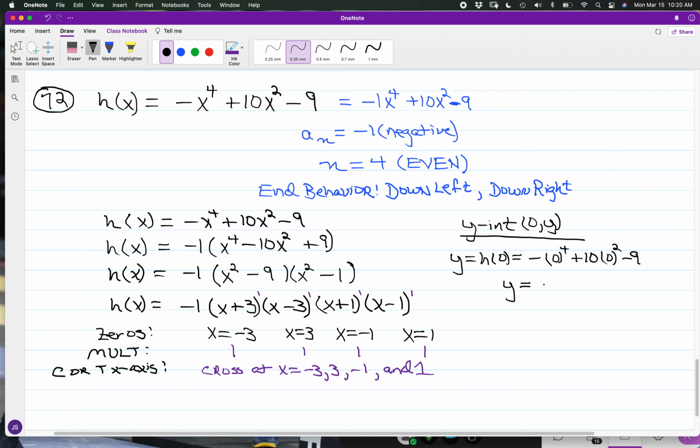Moving down, 0 squared is 0, and the only remaining term is the constant at the end. So for the y-intercept, we have y is equal to negative 9, and as an ordered pair, 0, negative 9.